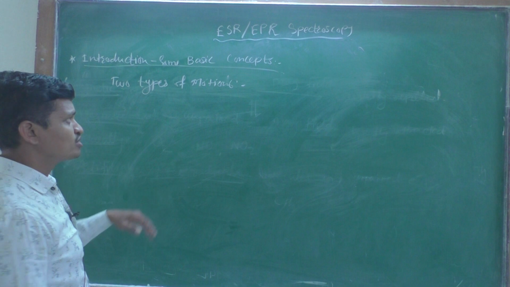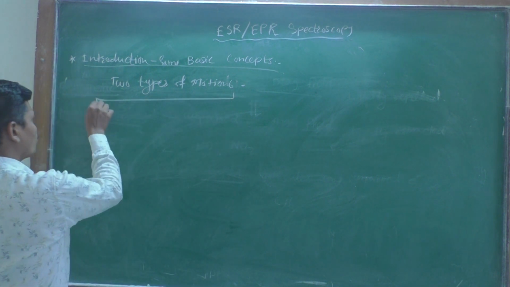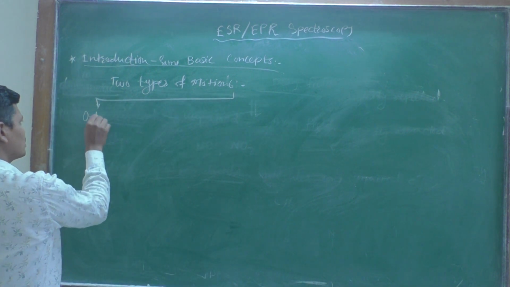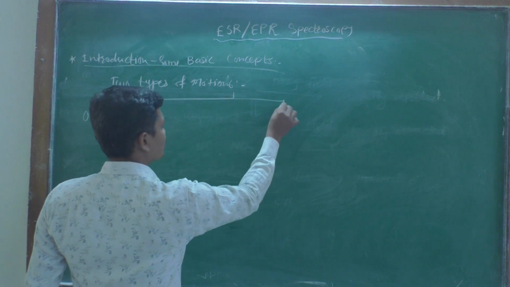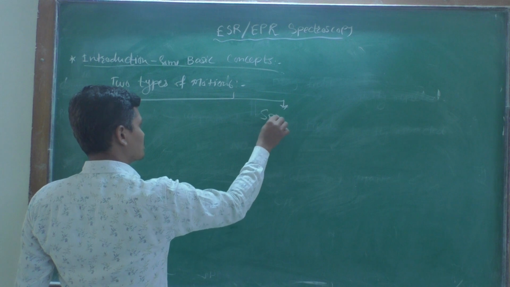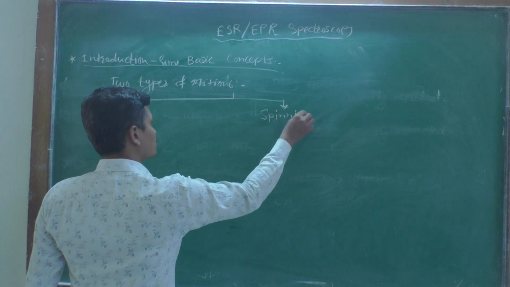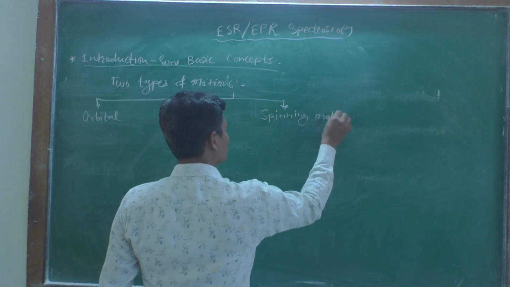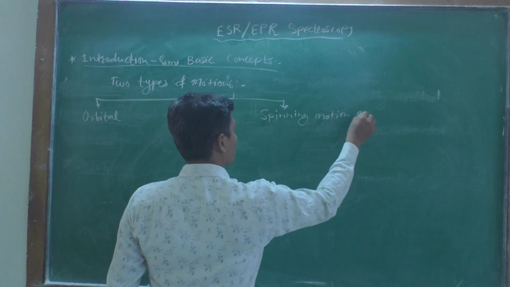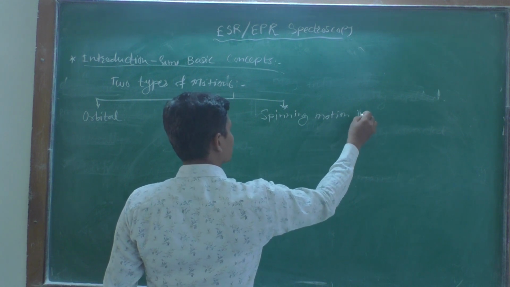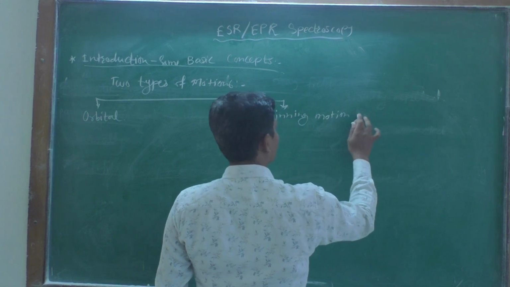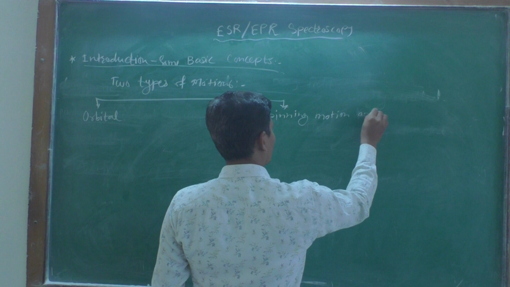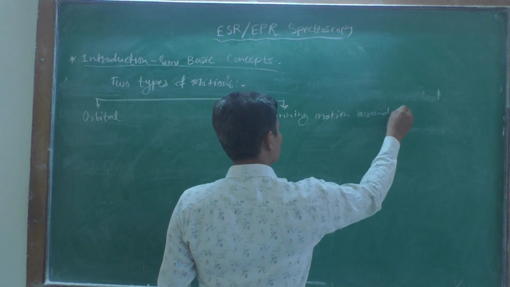Due to these two types of motions, one is called orbital motion and another is called spinning motion, around its own axis.